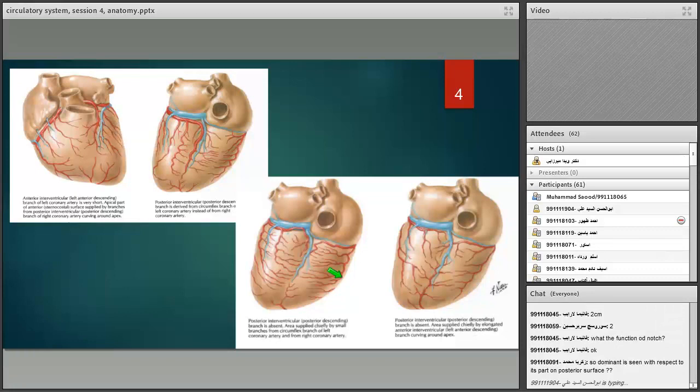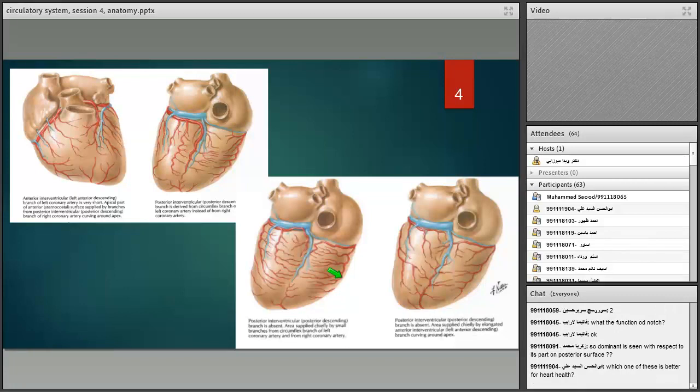You said the dominant is seen with respect to its part on the posterior surface. Maybe. Yes. If most parts of the septum and the heart are being supplied by a vessel, we call that, for example, right dominant or left dominant. There is no difference.